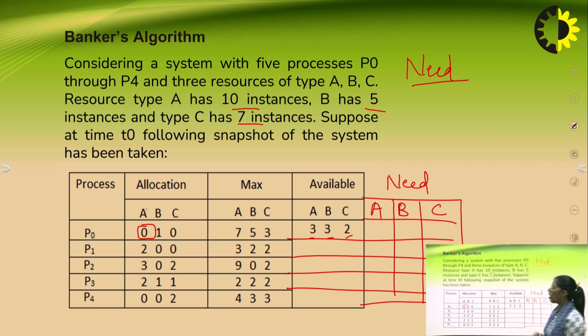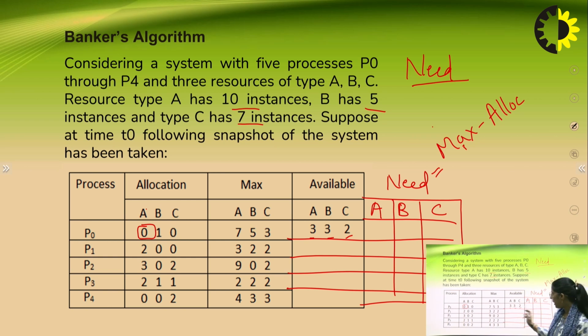Need matrix, how we are going to fill these values? We need to subtract allocation from max. Simple. That's how a need matrix is formed.